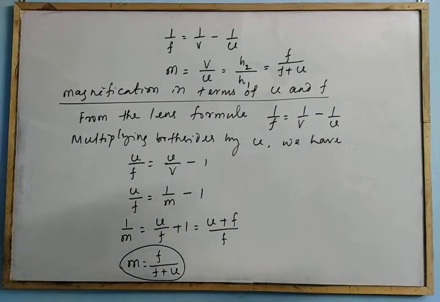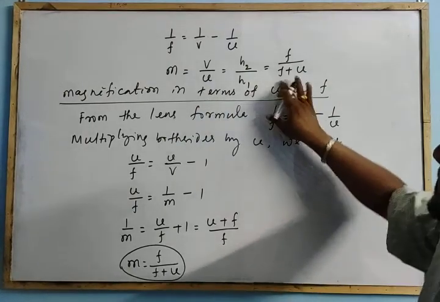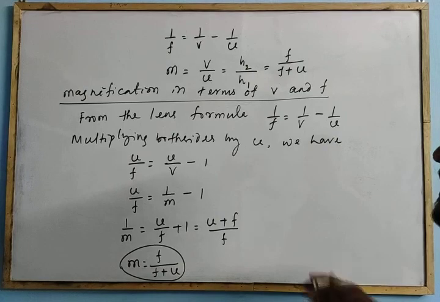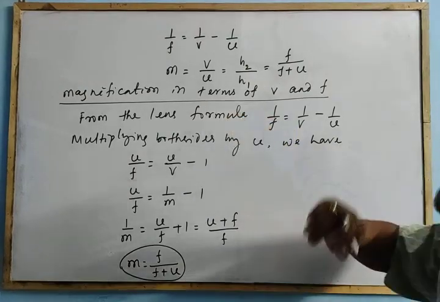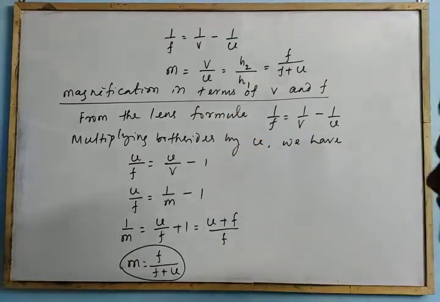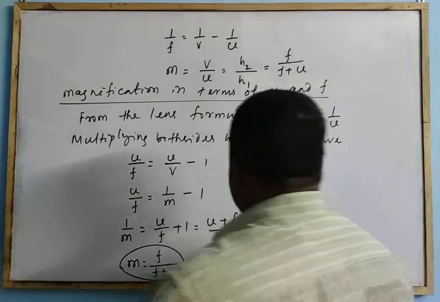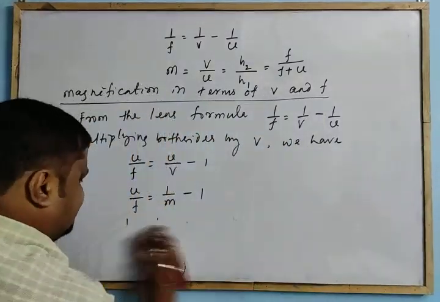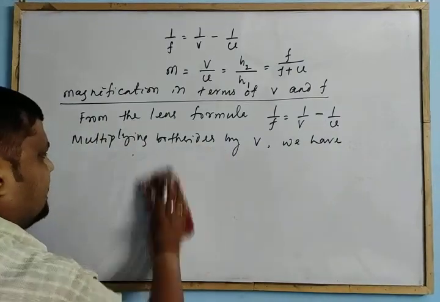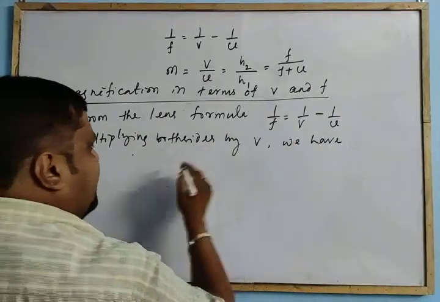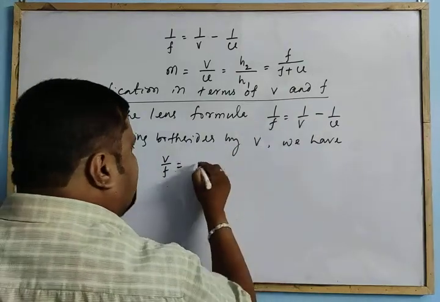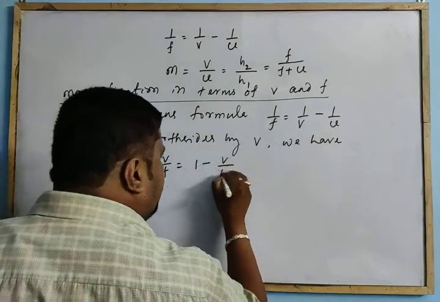Similarly, you can also find magnification in terms of v and f. The simple thing is to use the same lens formula. Multiply both sides by v. So v by f is equal to v by v, which is 1, minus v by u.